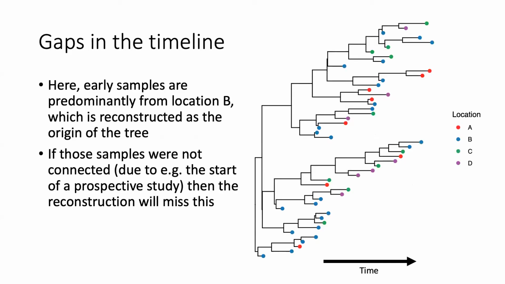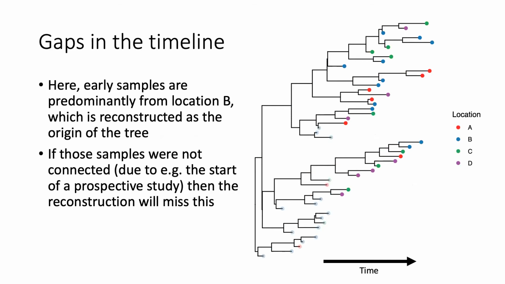Moving on to the problem I mentioned earlier about gaps in the timeline. So we have a tree here where you can see, close to the left in the early part of the timeline, most samples were from location B, which is then reconstructed using the algorithm as the origin of the tree.